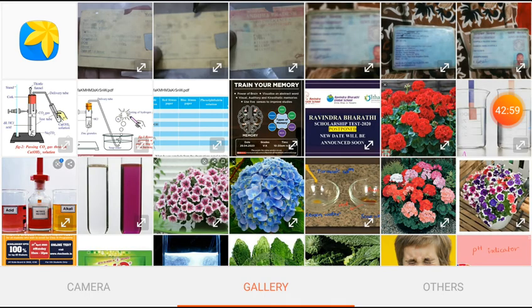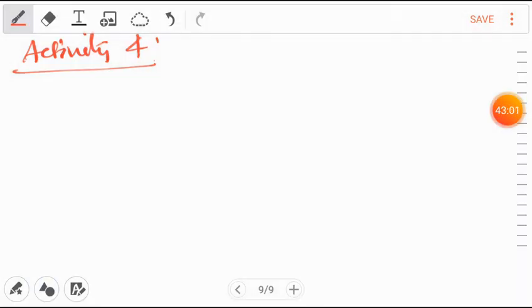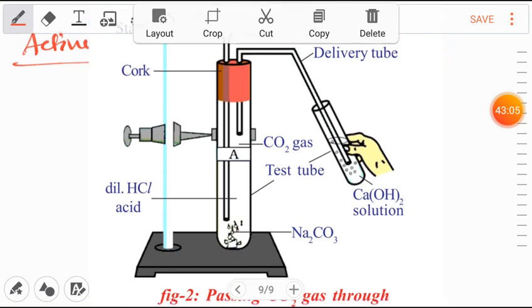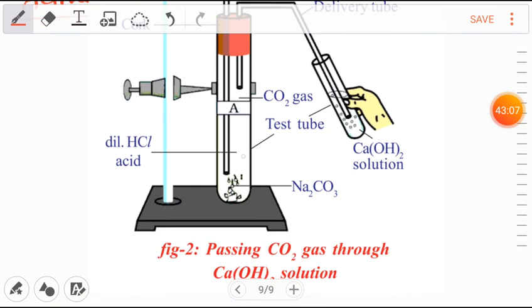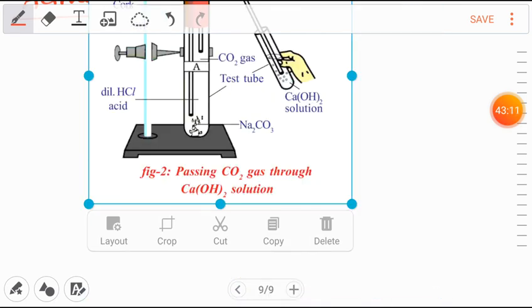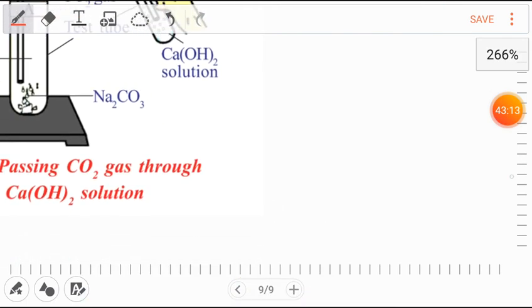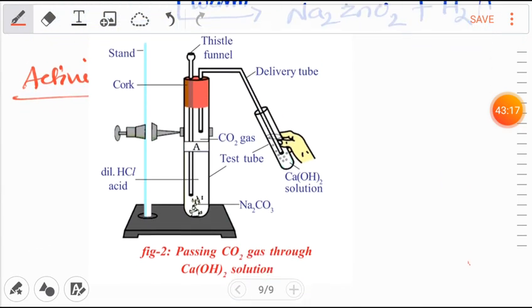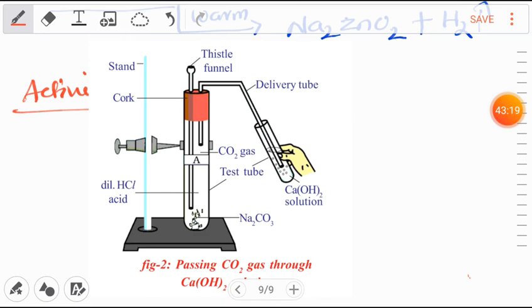So this is the image. I will make it small.